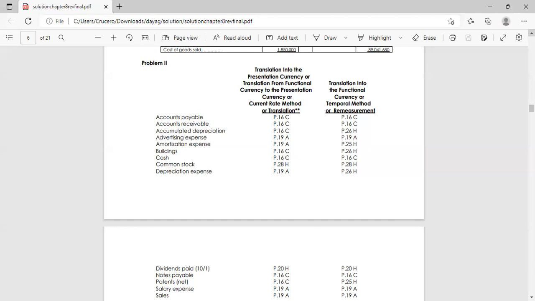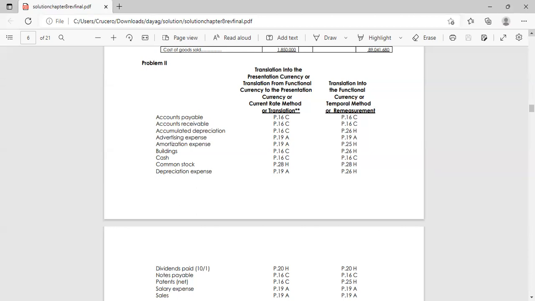So we have to fill up the blanks now for accounts payable with the use of the current rate method. Remember that accounts payable is included as a monetary liability. On page 706, you are given accounts payable as part of your monetary assets and liabilities.